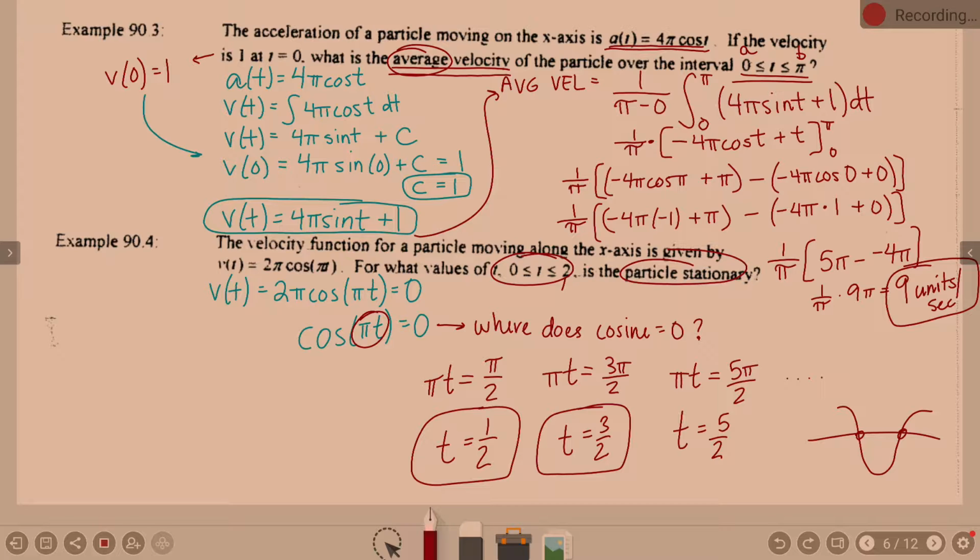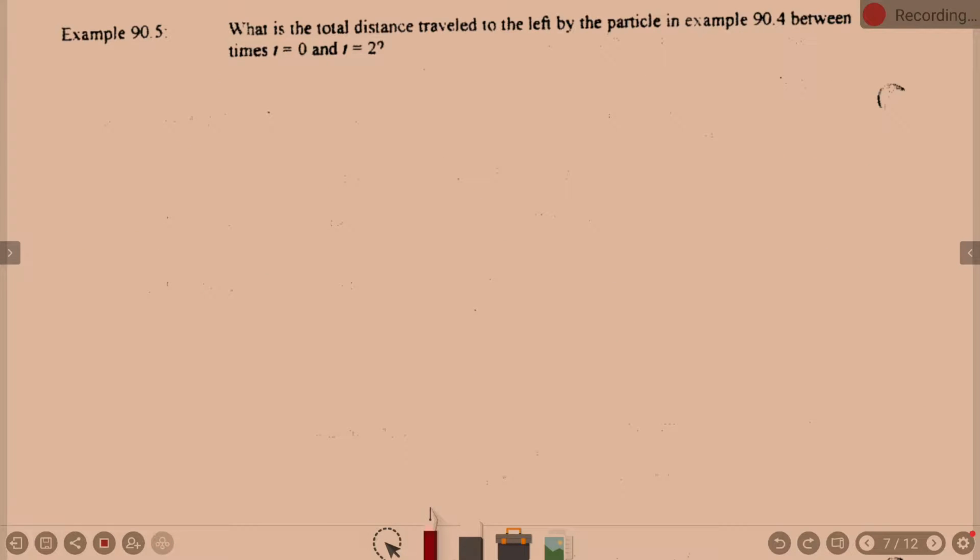Okay. One more example. What is the total distance traveled to the left by the particle in example 4 between t equals 0 and t equals 2?